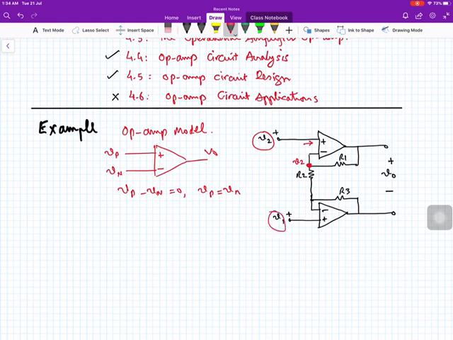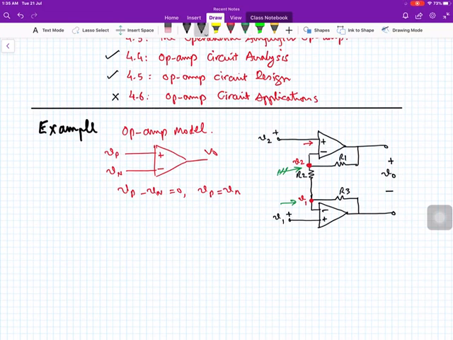Then V1 is connected to the non-inverting input, and as the difference between these two inputs is equal to 0, this voltage is equal to V1. So this is due to the assumption in our model. And now we write equations at this node and at this node. First of all, I will write the equation at this node.